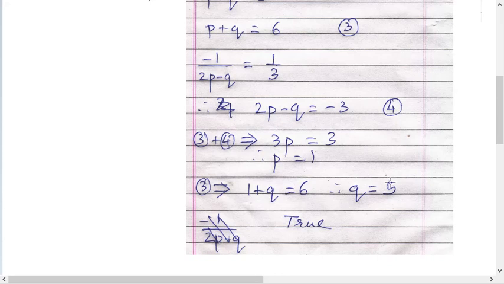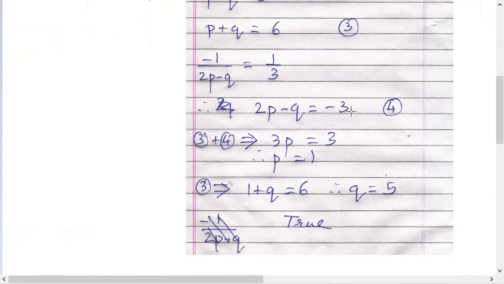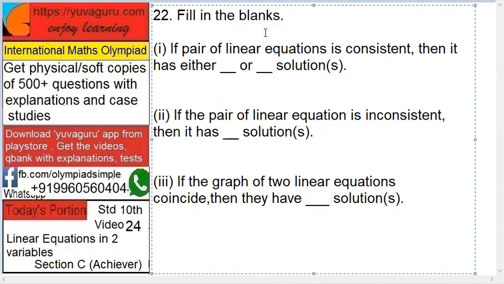So what I have done is p plus q equals 6, then minus 1 upon 2p minus q equals 1 upon 3. Then solved it. 2p minus q equals minus 3. Equation number 3 and 4. Solve these two. So 3 plus 4 you get 3p equals 3. p equals 1.